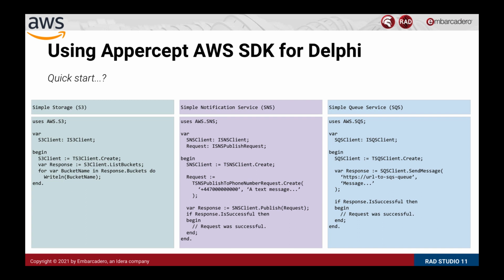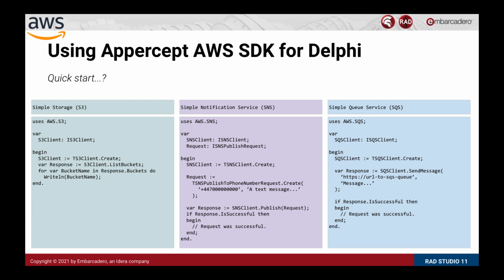If we move on to the SNS example, this is a slightly more complicated example. We've got the AWS.SNS unit here to bring in the simple notification service. We have an SNS client variable that is an ISNS client. You can probably see the pattern emerging here already.